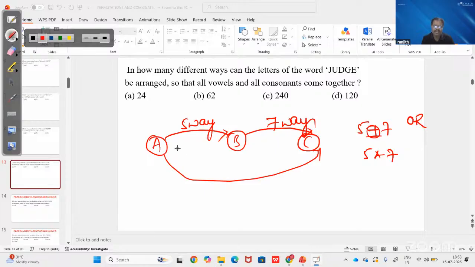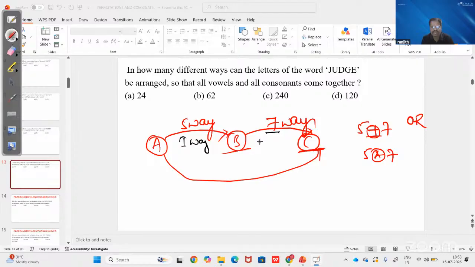The person's destination is C via B. If I choose addition, he is traveling A to B or else B to C only, not A to B as well as B to C. If I select multiplication, out of 5 ways he selects 1 way, and out of 7 he selects another 1 way. Both cases need to be satisfied, so that will be 5 into 7.